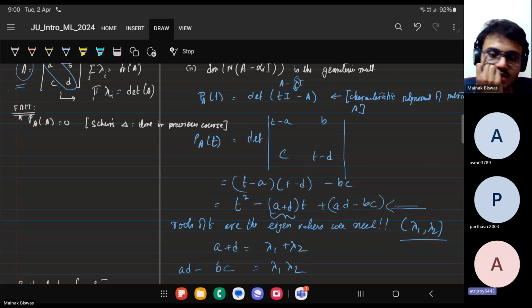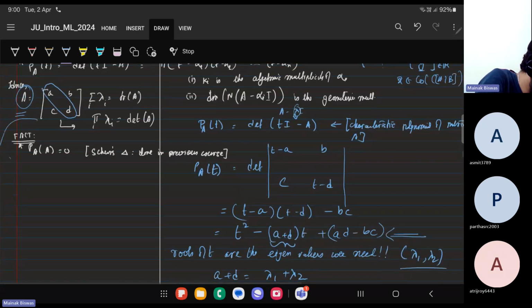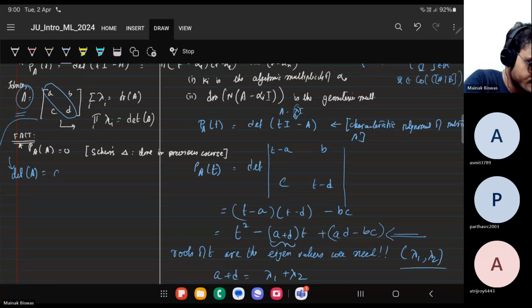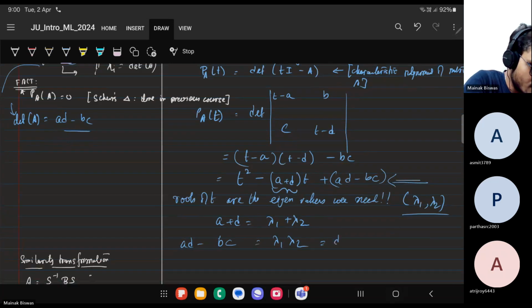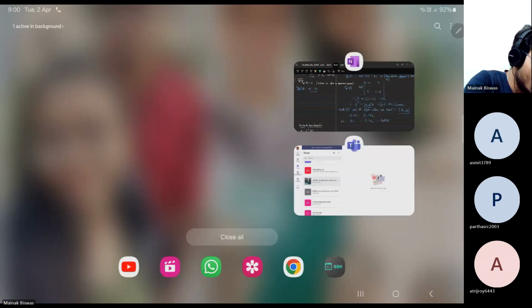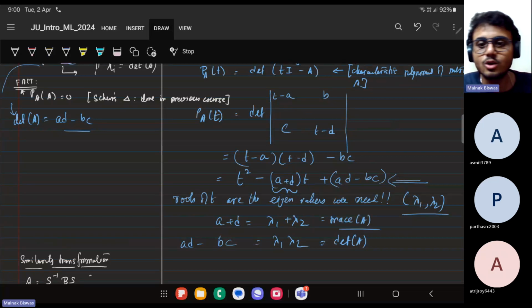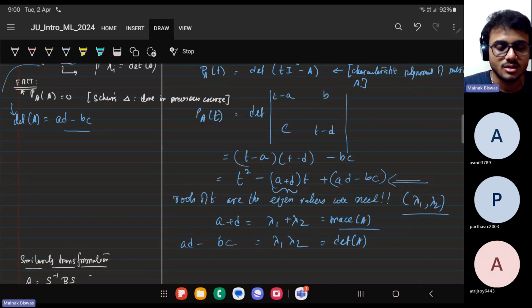Yes. This is nothing but the determinant of A, which is equal to ad minus bc. And this is nothing but the trace of A. So given a matrix, we can easily find two things: the product of the roots and the sum of the roots.